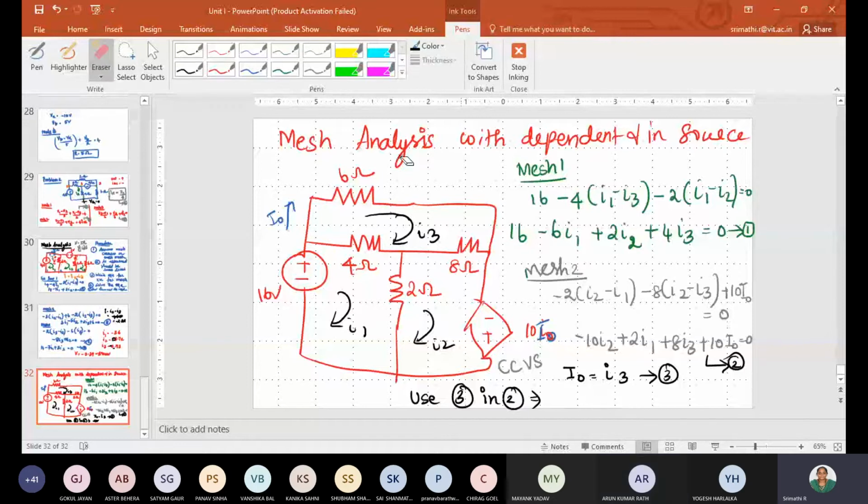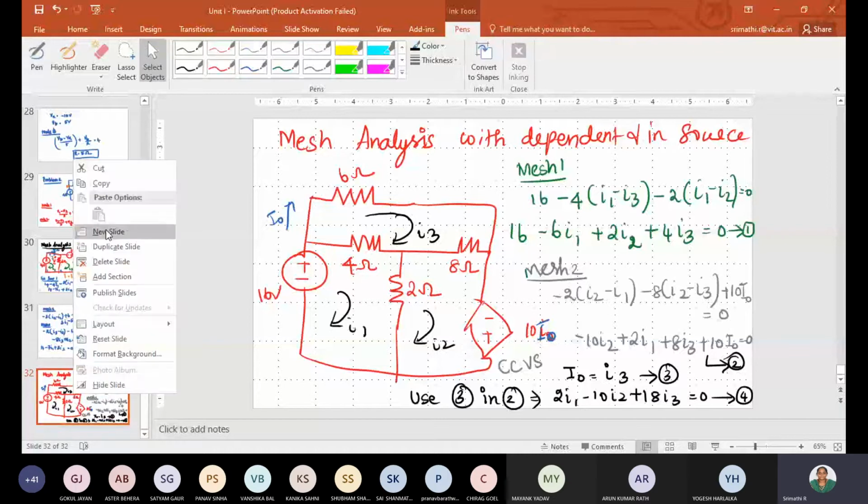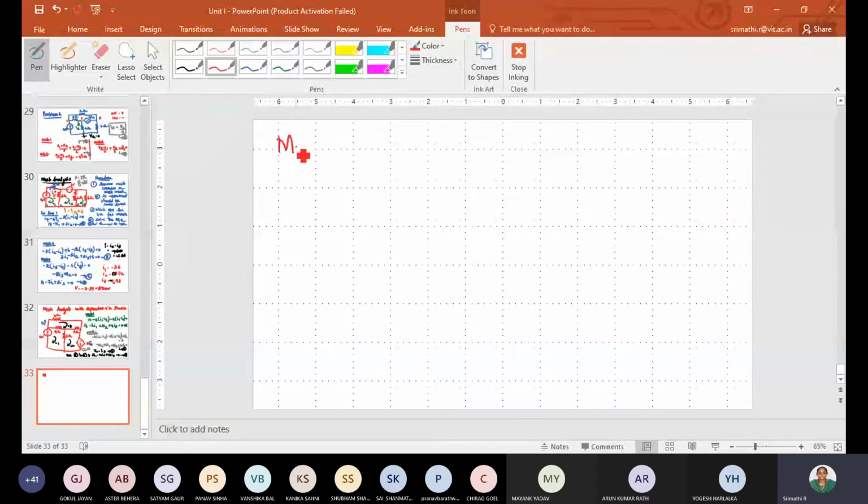Write it in the form of I1, I2, I3, because while entering in the calculator, you will make a mistake. 2 I1 minus 10 I2 plus 18 I3 is equal to 0. This is equation number 2. Then what about the third equation, mesh 3?